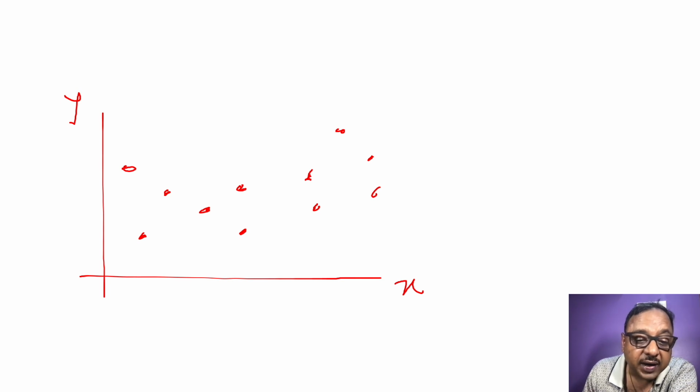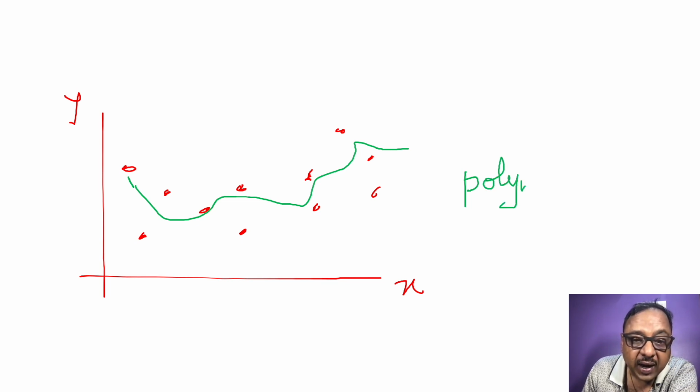Now supposing I try to figure out a curve which goes through like this, and this curve is going to give me the prediction for a value of y given a value of x. Now this kind of a curve can be obtained by a polynomial.